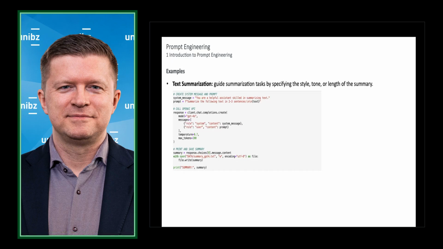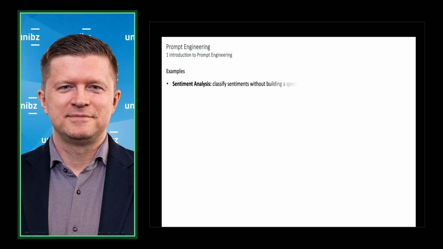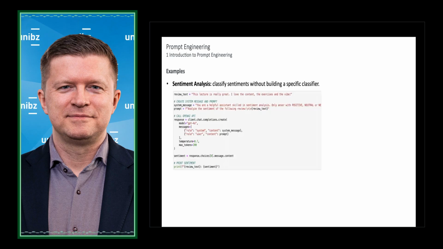Good. In the example of sentiment analysis, prompts can classify sentiments without building a specific classifier, which we saw as well, I think, because we used GPT-4o. So we could just say something like, analyze the sentiment of the following review, then we feed in the review text, and this already works pretty well.